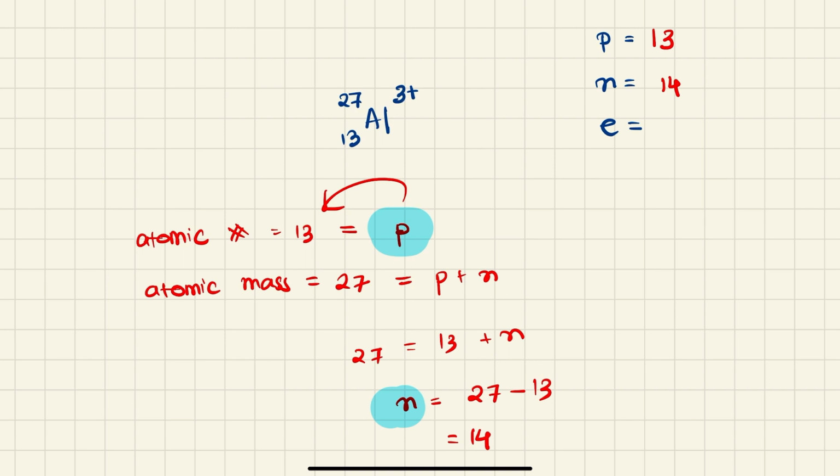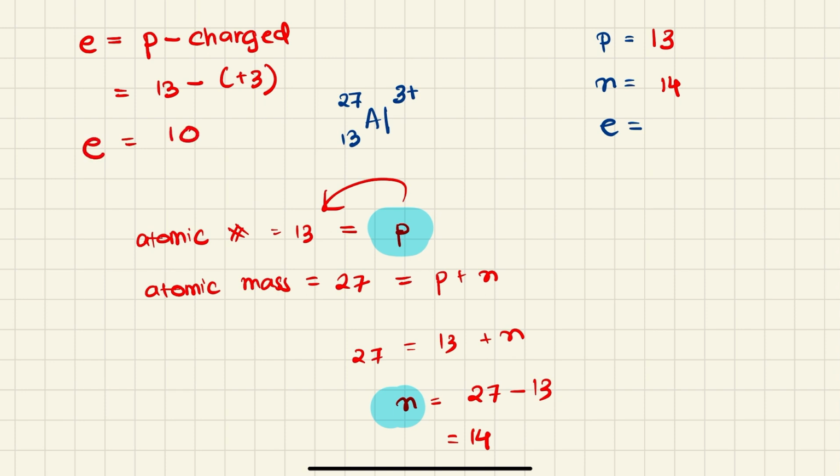So I can give you a formula here: electrons equals protons minus charge. Here we have protons 13, minus our charge, which is plus 3. So this gives us electrons equals 10.